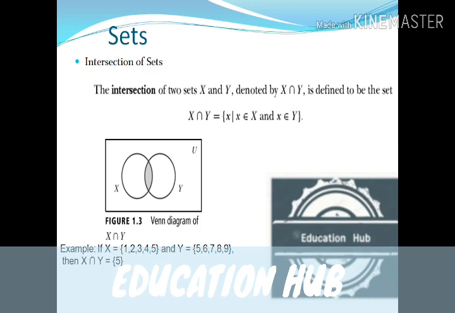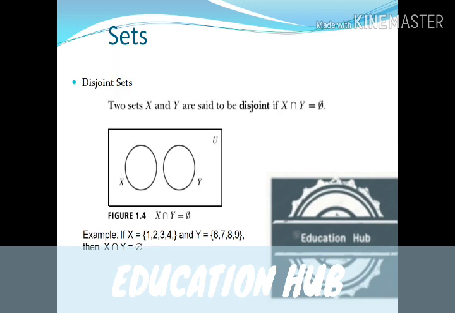You can see the shaded portion of the figure, which must be contained in X as well as in Y. Two sets are disjoint if they are disjoint to each other, so no common element will be there. So if we take the intersection, it will be null, because there is no common element.